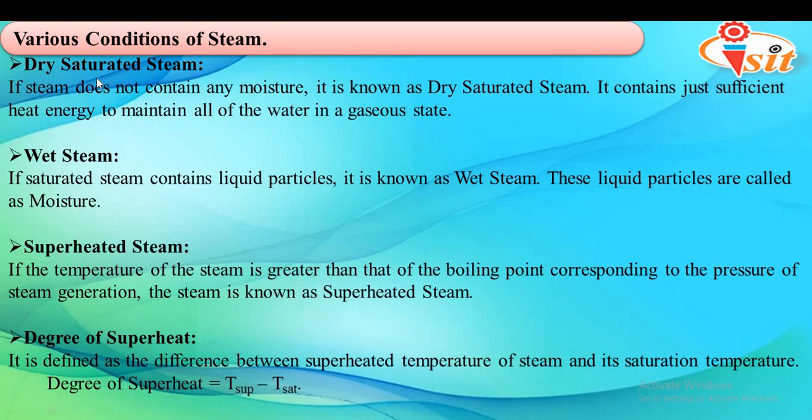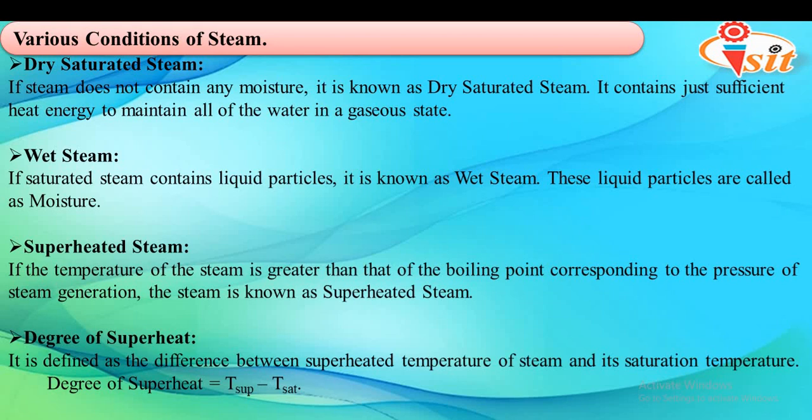Basically this steam does not contain any moisture, and hence it is called dry saturated steam. It contains a sufficient amount of heat energy to maintain all the water in gaseous state. So if we remove even a small amount of heat from this steam, then it may contain moisture. Saturation means we are just close to the moisture content.